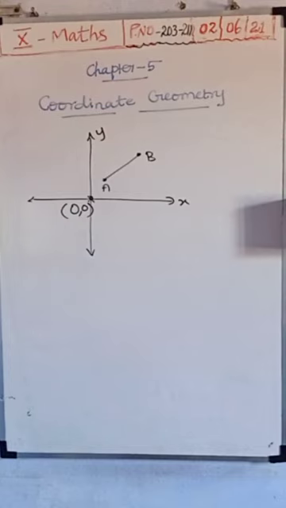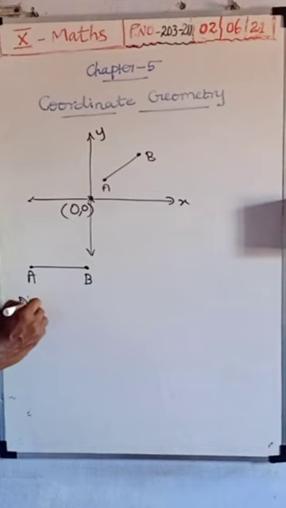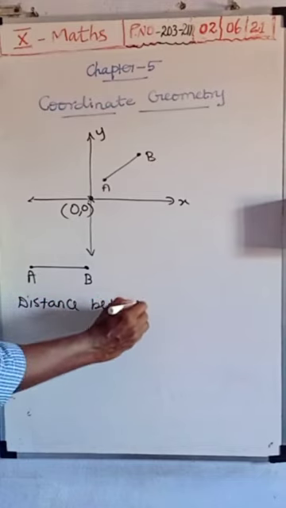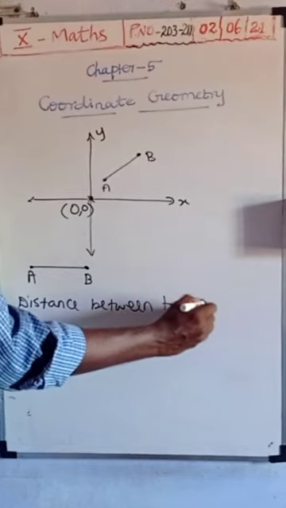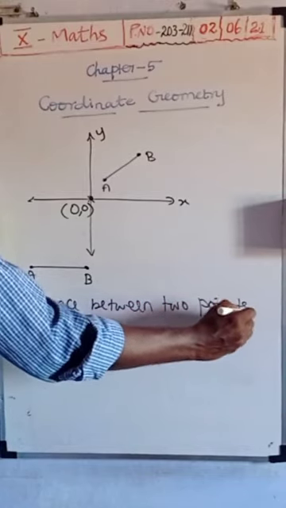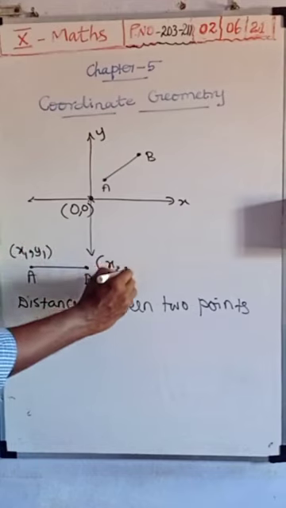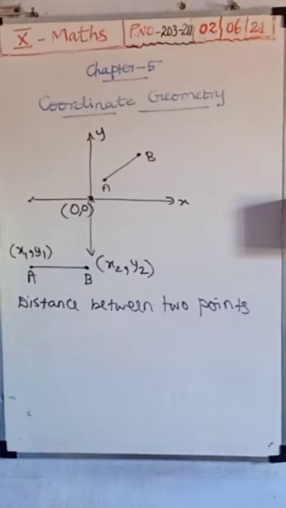By plotting the points in the graph, we easily get the answer. But without using a graph, how do we find this distance? The distance formula, distance between 2 points. First point we choose x1 comma y1, then second point x2 comma y2.